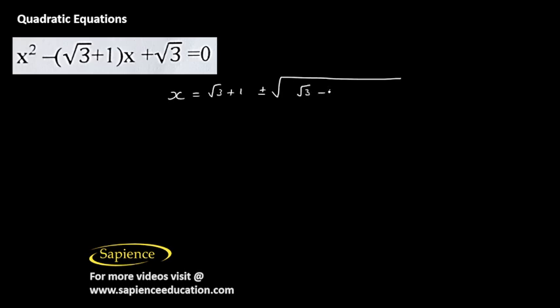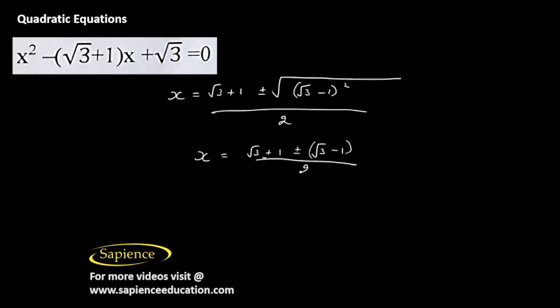So root 3 minus 1 whole square, and the denominator is still a 2. X is equal to root 3 plus 1 plus or minus root 3 minus 1, sorry about that, divided by 2.